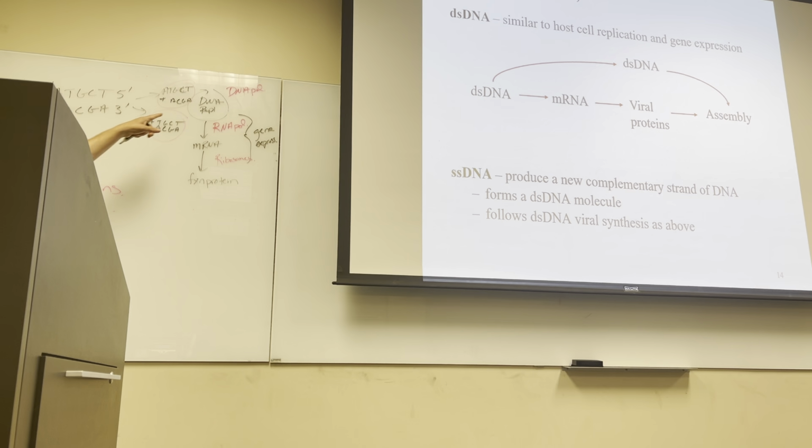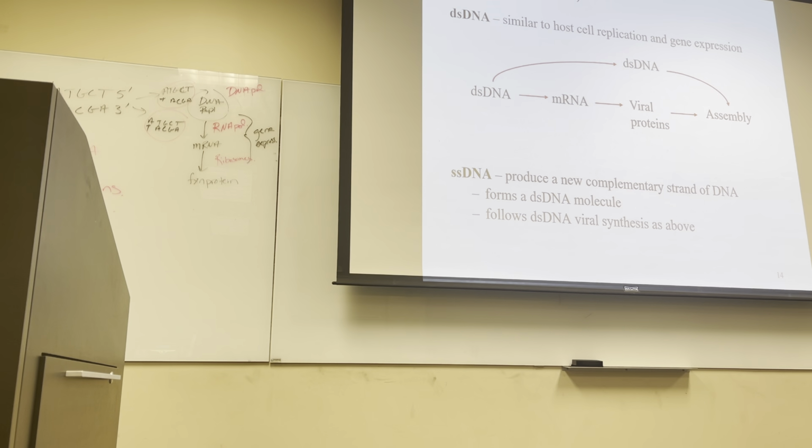So we're just going to keep playing on this theme because viruses like to take advantage of us, our stuff, what we have going on in our cell. The next one is a single-stranded DNA virus. All right, some viruses out there just have a single strand. I'm not even going to erase this.